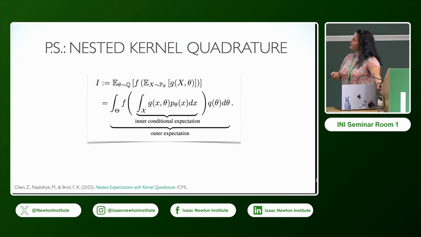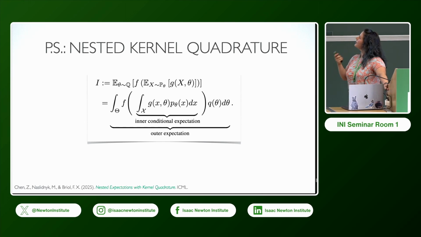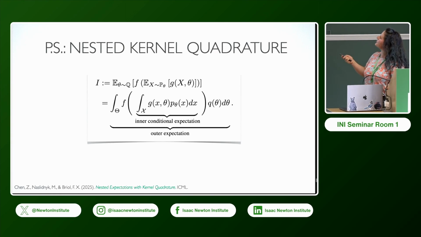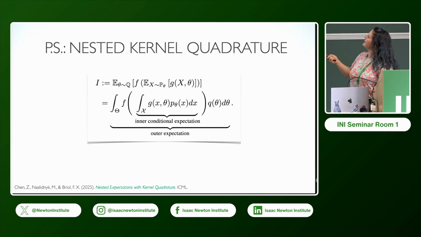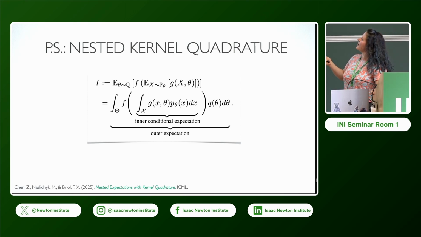A similar principle from the conditional Bayesian quadrature method can be applied to nested integration. Recall that the conditional integration was just this part. What if I am also wanting to integrate against theta, and maybe there is some function applied to the inner integral.